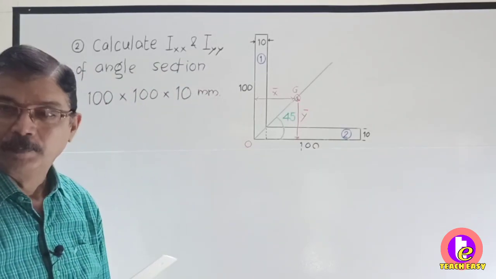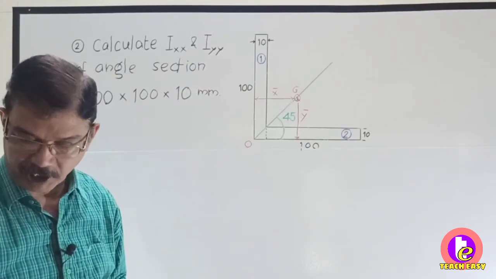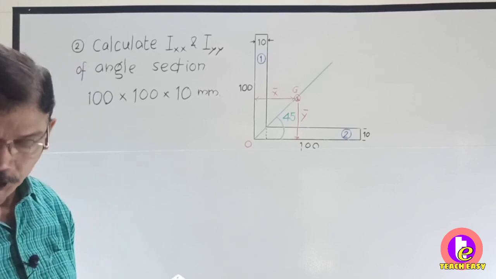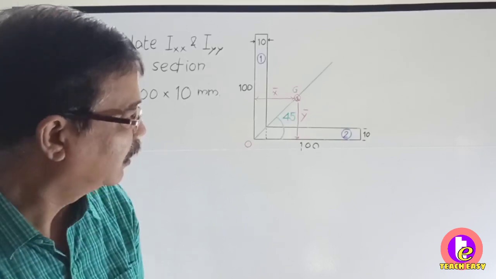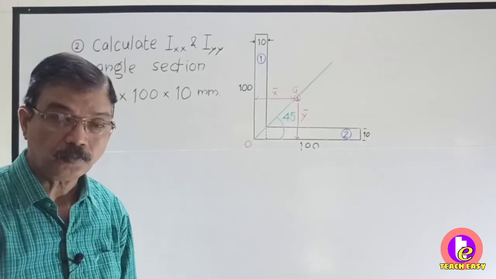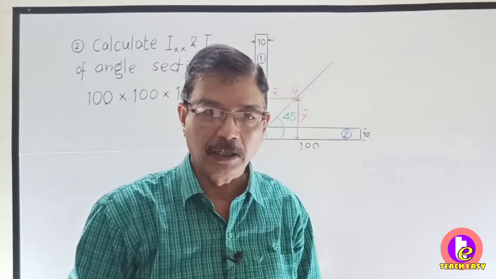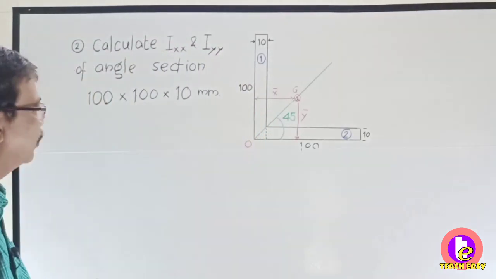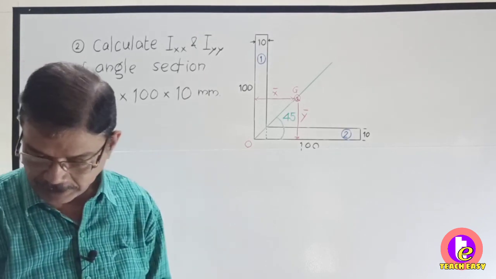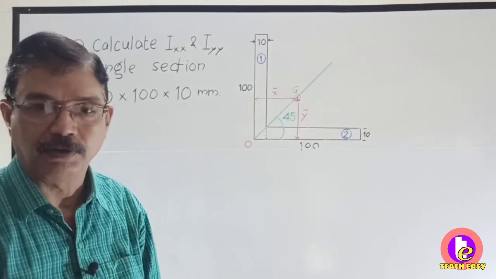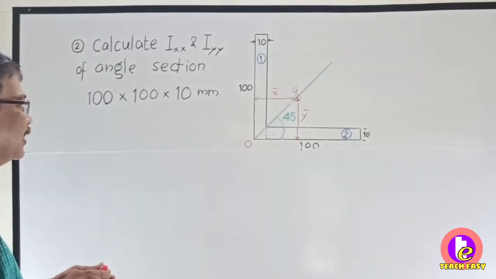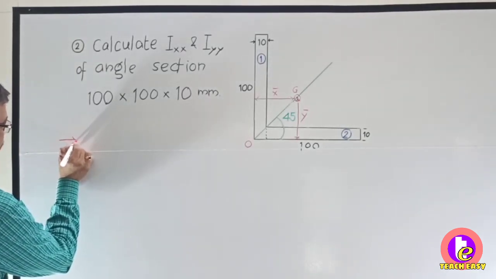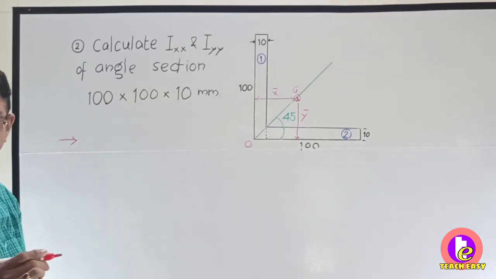Now as usual, using the formula x bar is equal to A1 x1 plus A2 x2 upon A1 plus A2, you will get the value of x bar. Similarly, using the formula y bar is equal to A1 y1 plus A2 y2 upon A1 plus A2, you will get the value of y bar also. And the answers in this case are, so I am giving you the answer, you have to calculate at home.